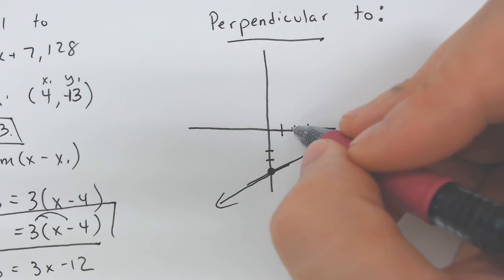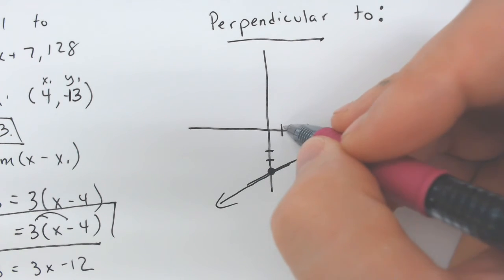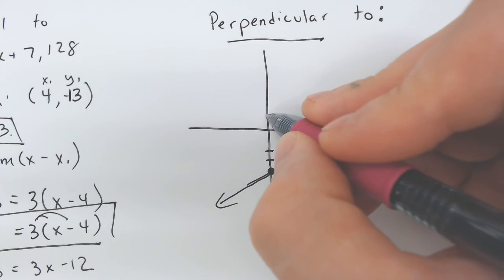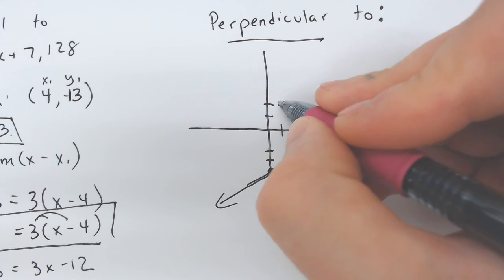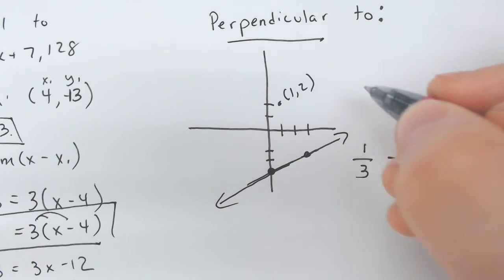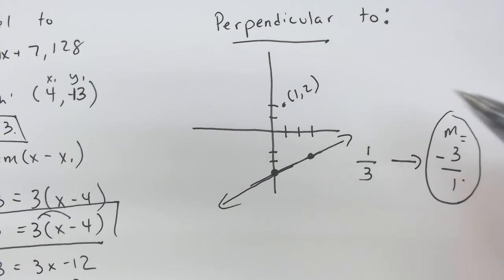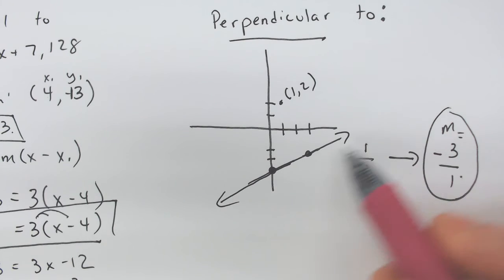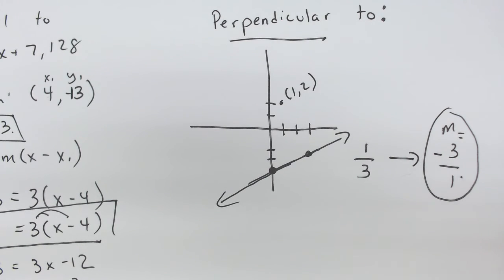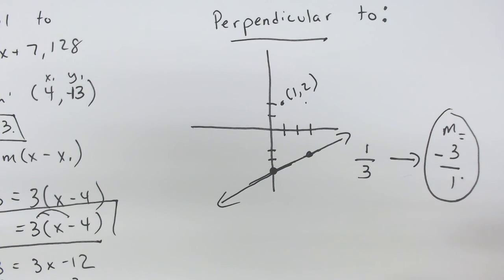And I want it to go through this point right here at 1, 2. All right, so I want it to go through this point and be perpendicular to the graph, which we already got the perpendicular slope. So we have our point, we have our slope. Let's get our equation.